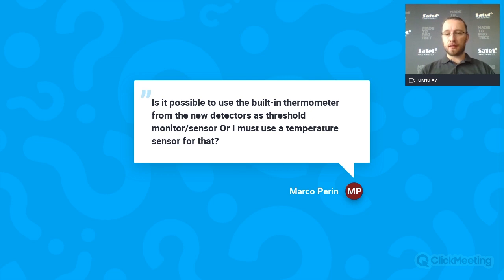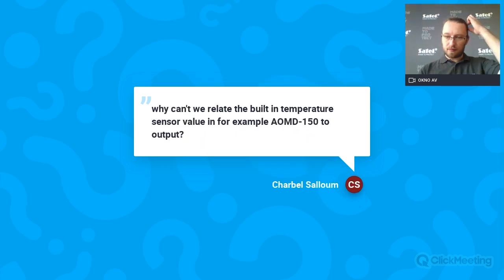Okay, guys. Last question. Why can't we relate the built-in temperature sensor's value in, for example, an RMD2 output? Yes, you can, but you need to use a thermostat for it.